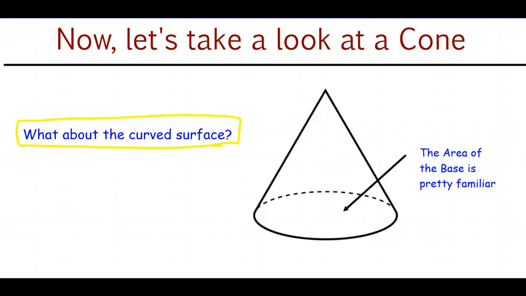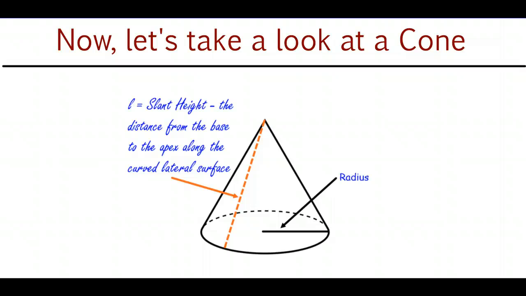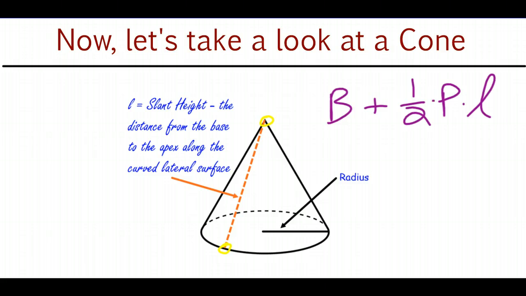A cone, just like a pyramid, has a slant height, and that's the distance along the curved surface from the apex to the base. So if we take the same idea that the area of the base plus 1/2 the perimeter times the slant height, and substitute in the formulas we know for a circle, we can come up with a formula for the surface area of a cone.